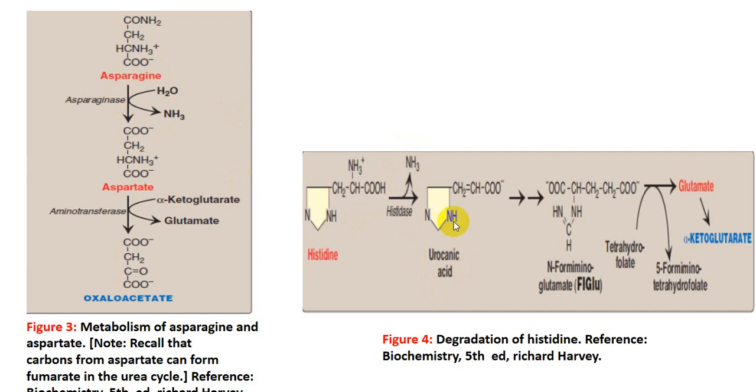The urocanic acid is converted to N-formimino-glutamate, and then in the presence of tetrahydrofolate, the formimino group is transferred to tetrahydrofolate and forms glutamate, which is converted to alpha-ketoglutarate. Glutamate can be converted to alpha-ketoglutarate by transamination or by oxidative deamination in the presence of glutamate dehydrogenase to form alpha-ketoglutarate.